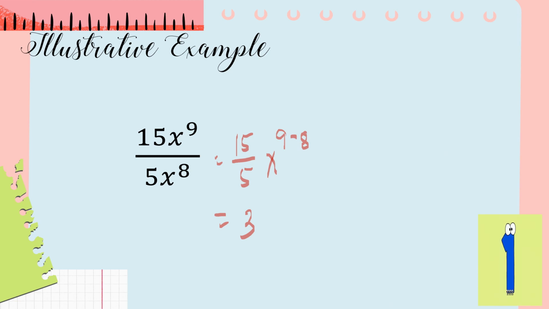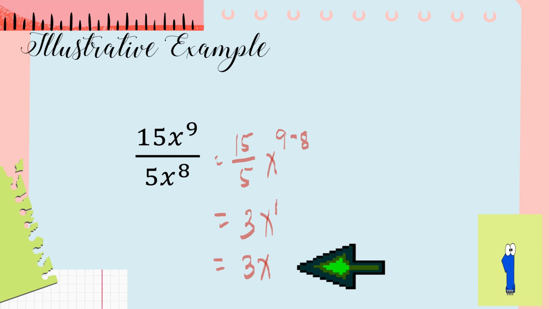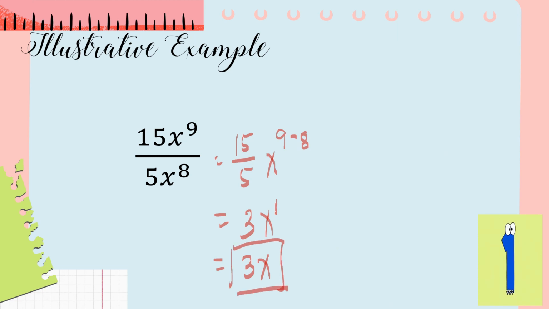So x raised to 9 minus 8, that is x raised to 1. And since the exponent is 1, we don't have to write it. So we just write 3x. 15x raised to 9 divided by 5x raised to 8 is simply 3x.